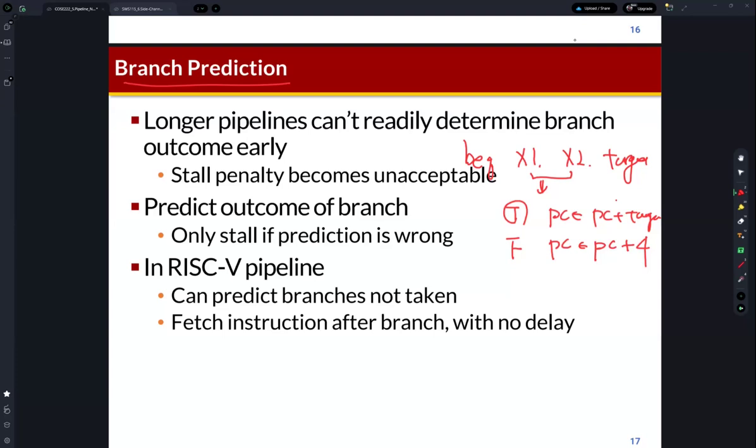So branch prediction means that before the result of a branch instruction is received, a processor can fetch the next instruction based on the predicted result. I mentioned predicted. It's not the real result, but a processor just predicts. And then based on this prediction, a processor can fetch the next instruction.